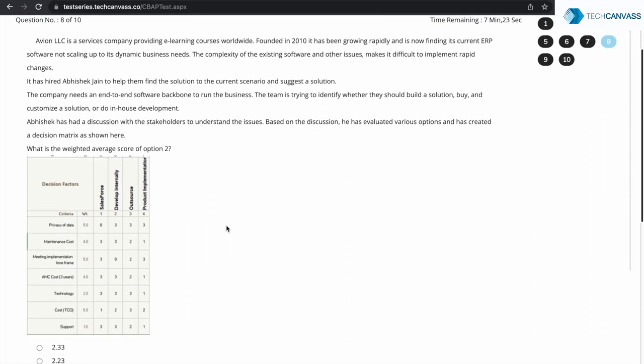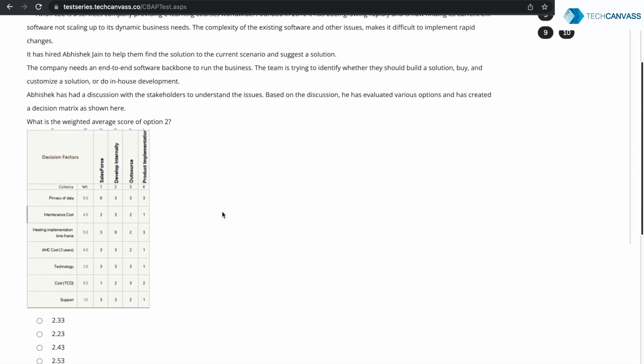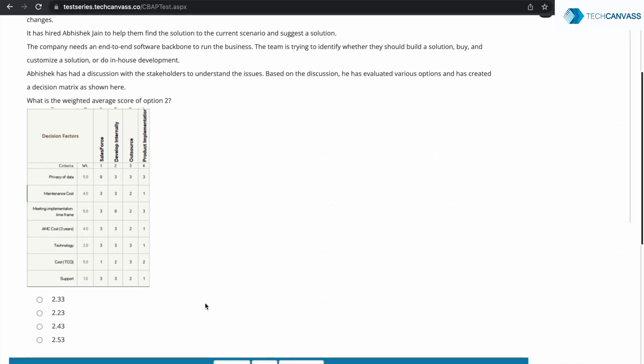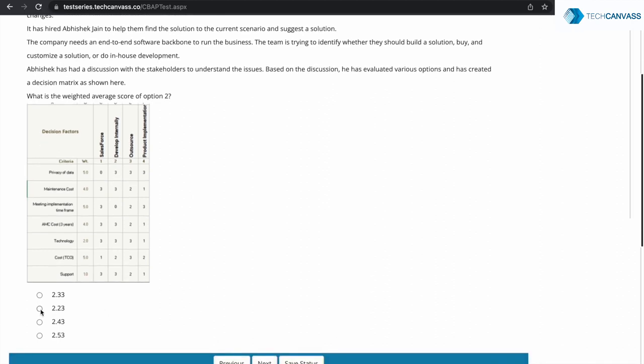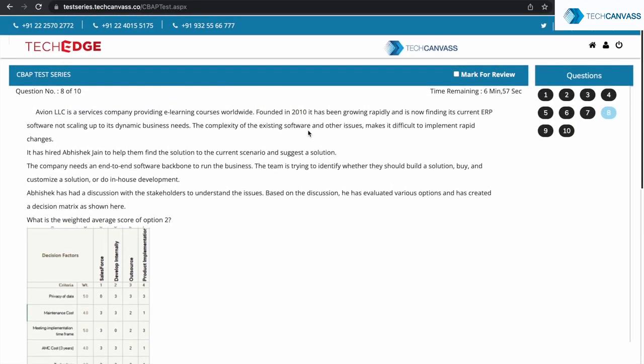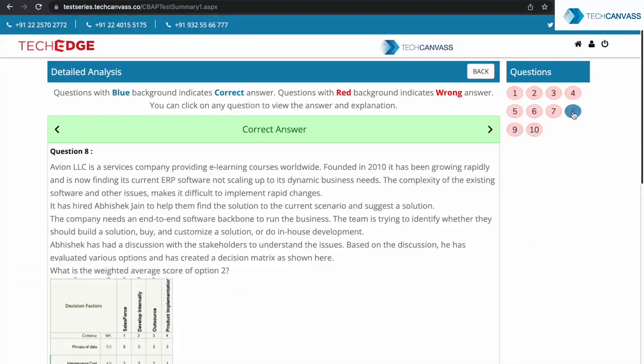The question being asked is, what is the weighted average score for option 2? If they go with this option of developing something internally, what will be the weighted average score? So here applicants have to find that answer. Yes, it will require some basic calculations, looking at these numbers and coming to the answer. So let's understand what the correct answer is for this question.